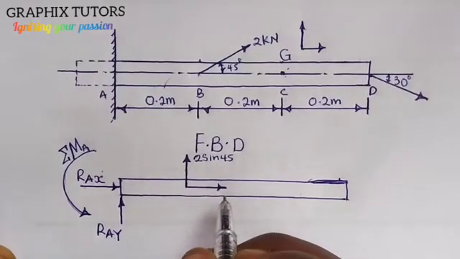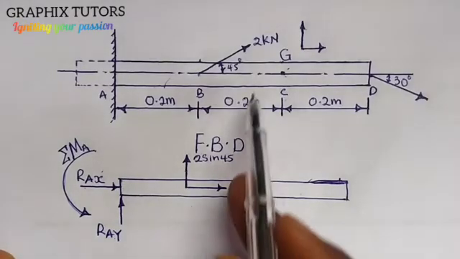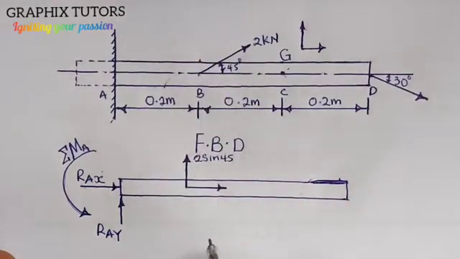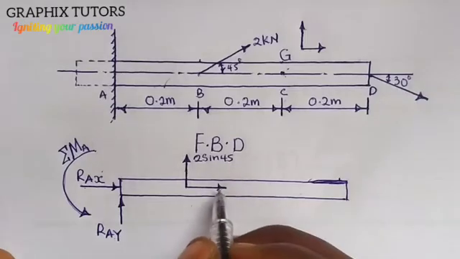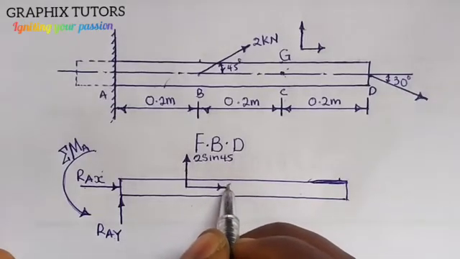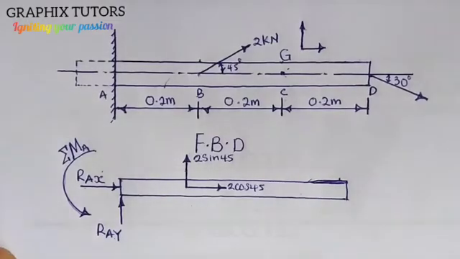If you watch the video, I'll post the link on the front of the screen now. Click on it and you will know more about the resolution of force. So we are resolving this force. If you want to understand this, click this link.